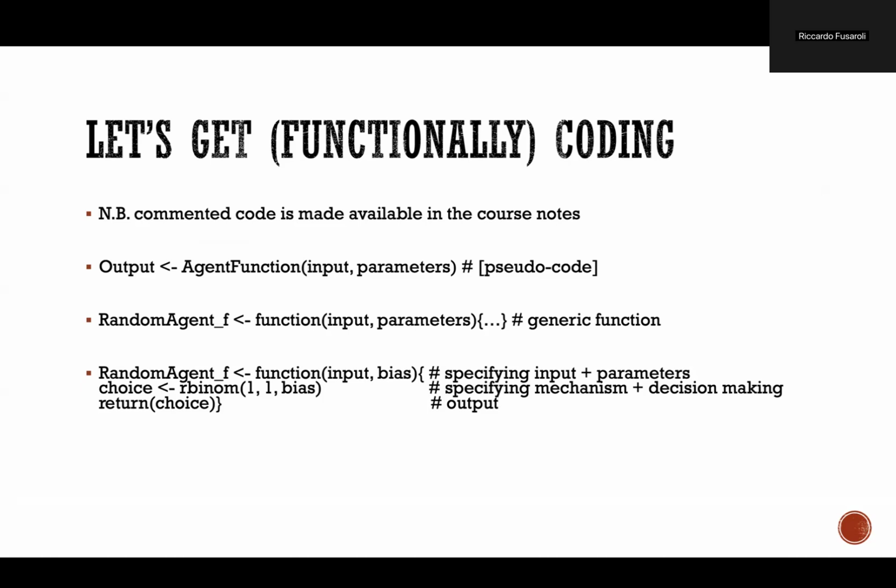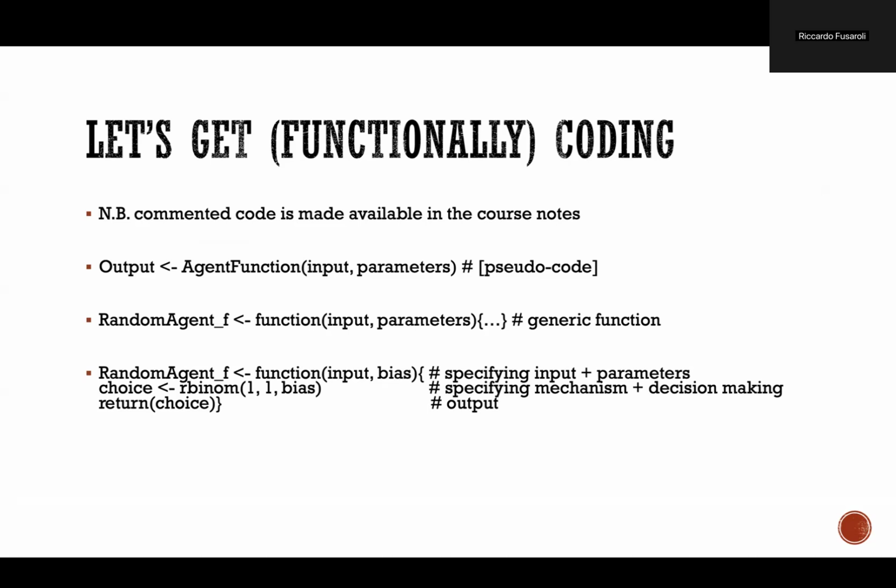I can't remember which one is the n of 1 and which one is how many times we do it. I think the first is how many, we only sample once, and we only try to answer one trial at a time. And then we have a bias or rate or theta. Those are all common words used for this, which tells us whether there is an inbuilt propensity of the agent to pick right more than left, and by how much.